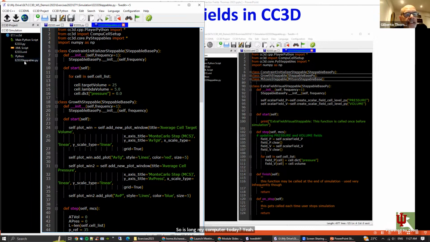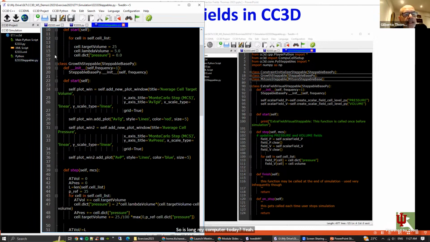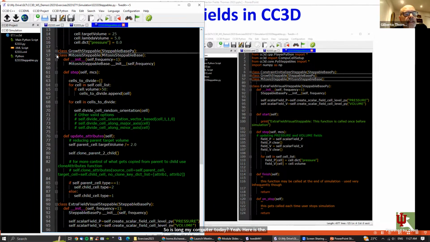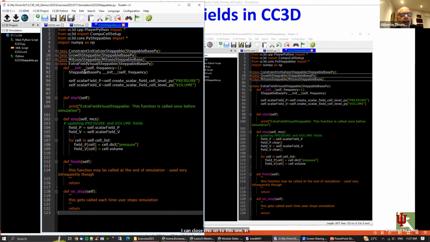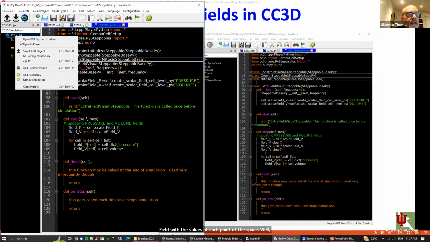Let's see. Here is the steppable. See? I can close this one, this one, and this one. Here is the steppable, exactly as it is there. So we have now both fields, pressure and volume, filled with the values at each point of the space where the cell is. Let's see how it works now.